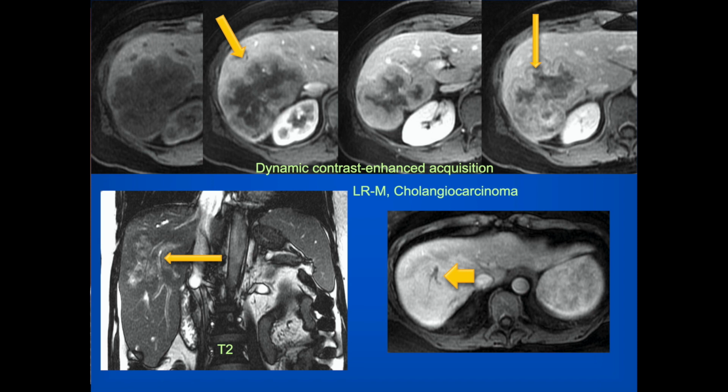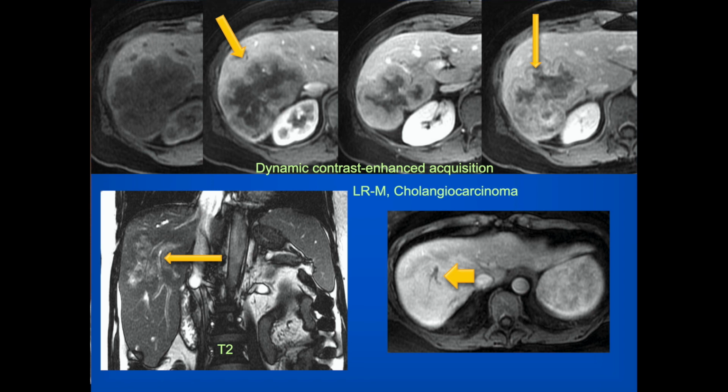And then on T2, the coronal image, you can see that there are vascular structures coursing through the mass without being occluded. And then above the mass, we see some dilated bile ducts. So this is a classic appearance for cholangiocarcinoma with the progressive enhancement.